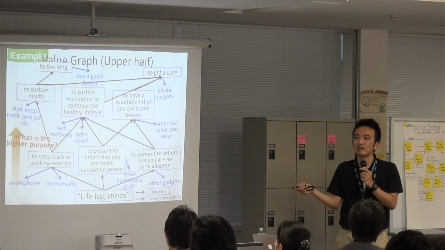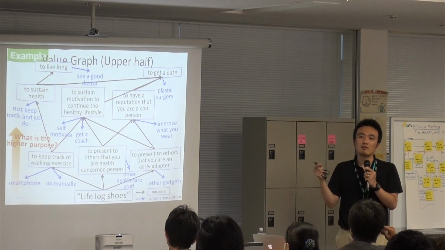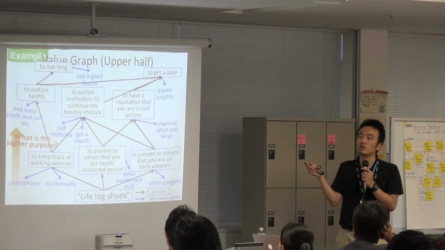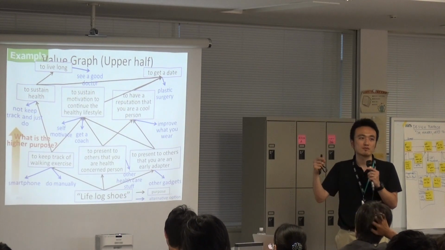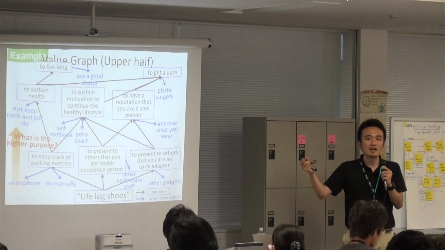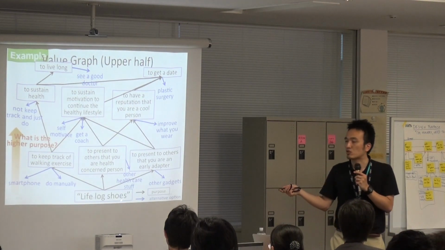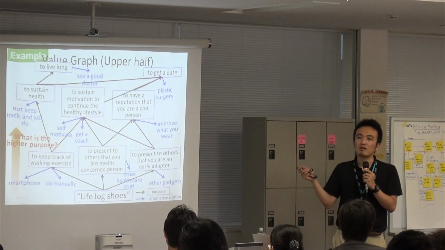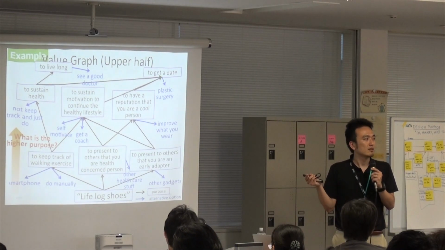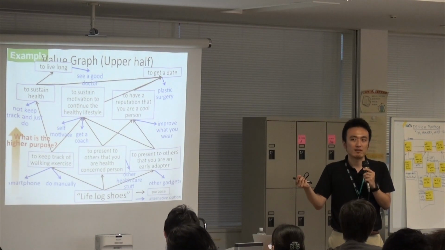Because my product can support this purpose, and also seeing a good doctor can support this purpose from different perspectives. Why not collaborate? Then my promotion will probably not be at the shoe store, but at the hospital, right? Then I may sell my shoe better.